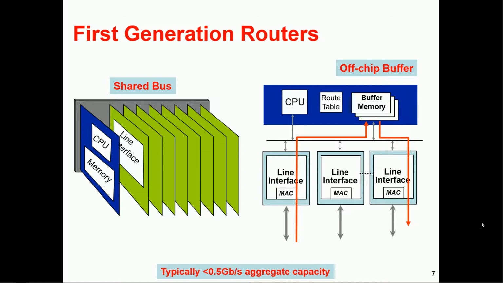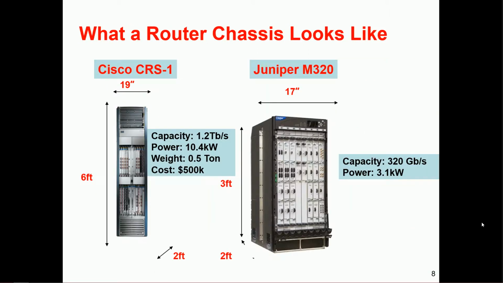So how does this stack up against our current CRS type routers? Alright, so here we're looking at, on the left, a Cisco CRS1 versus a Juniper M320. Both are around half a million, easily. The Juniper is smaller in size, however, it has a lot slower capacity.